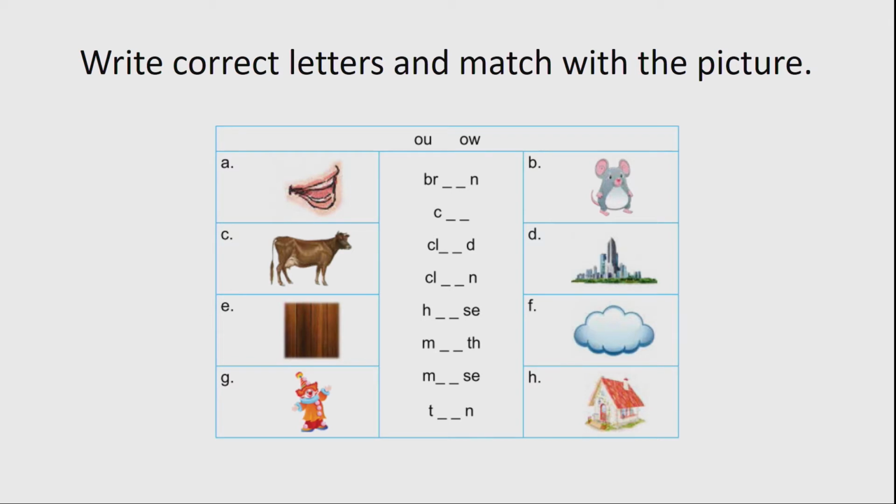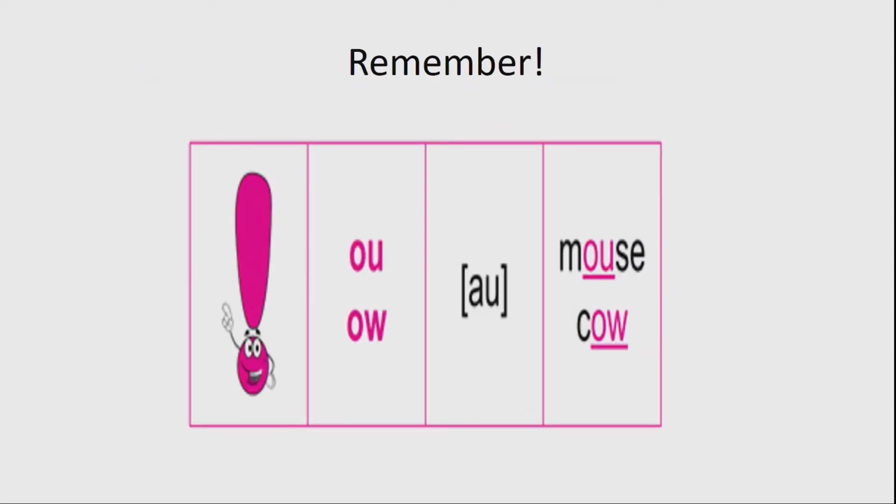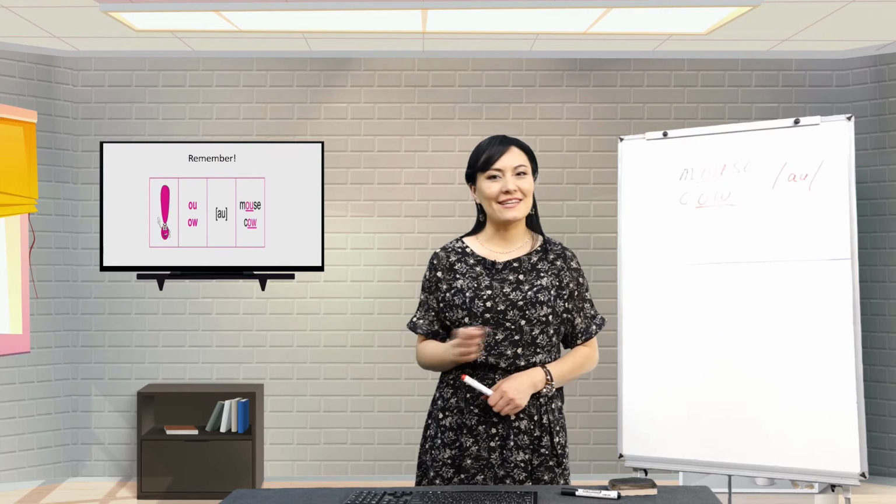C, cow. D, town. E, brown. F, cloud. G, clown. H, house. Now match the pictures with words. Good job. Now remember. Write this in your copybook. Good job. Now let's have fun.